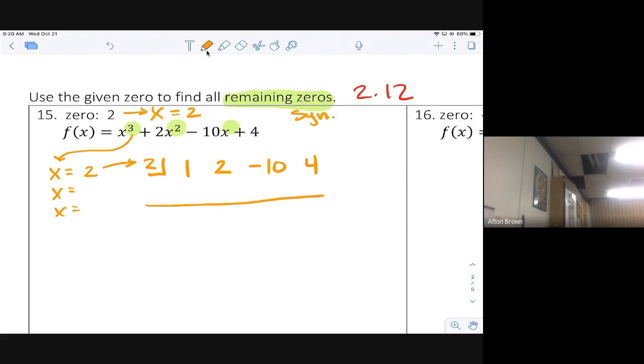Now, because I know that's a 0, we shouldn't get a remainder. That's what I should be thinking in my head. And we start. Bring down our 1. Timesing and adding. So 2 times 1 is 2. Get 4. 2 times 4 is 8.